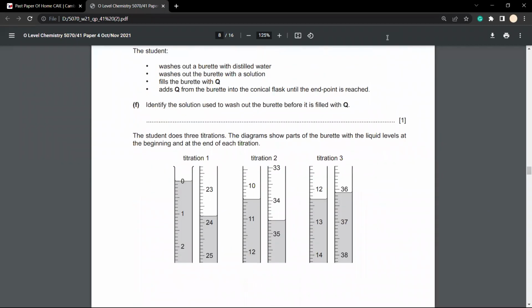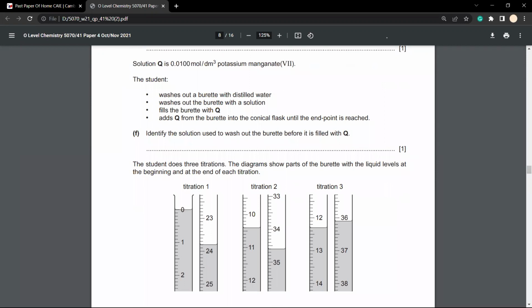अच्छा, moving ahead, we have the next part, which is the solution Q. There's another solution. Now there's a solution Q that is 0.0100 mole per dm cube and it's KMnO4, right? So they are taking the solution 2, which is Q, and the student washes out the burette with the distilled water. पहला उसने distilled water से wash किया, washes out the burette with the solution, fills the burette with the Q. तो जब भी हम burette को wash करते हैं और prepare करते हैं for the titration result, always remember, the first step is we wash it with distilled water.